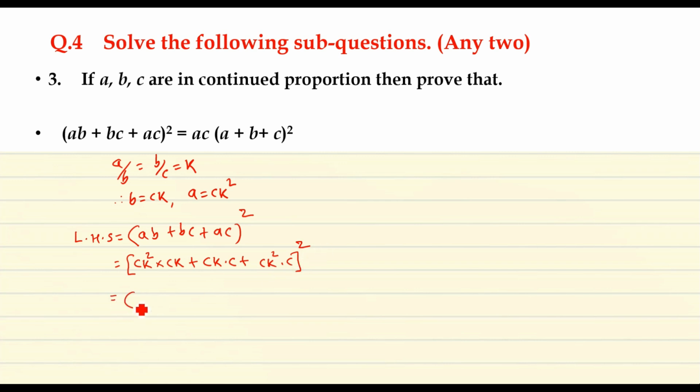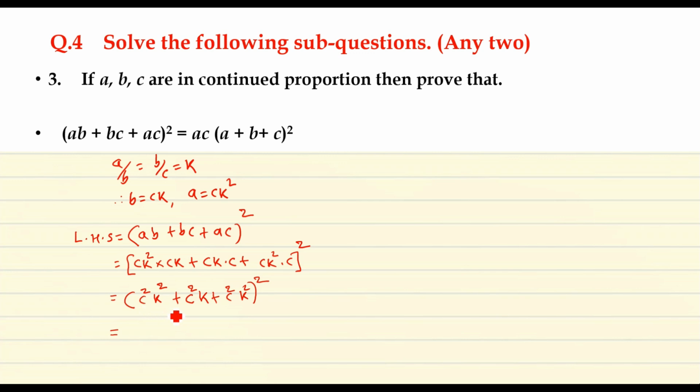Now this will become c into c, c square k square plus c square k plus c square k square, raised to 2.